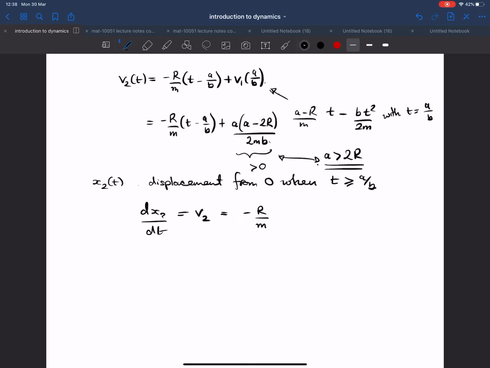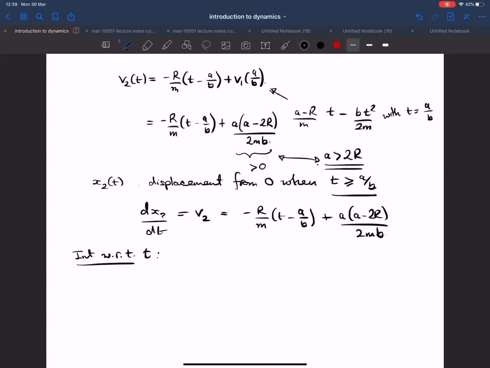And of course, to make my life easier, I will integrate and introduce factors which vanish when t equals a over b, which is the boundary point for this interval. So if I integrate with respect to t, what I get is the following.